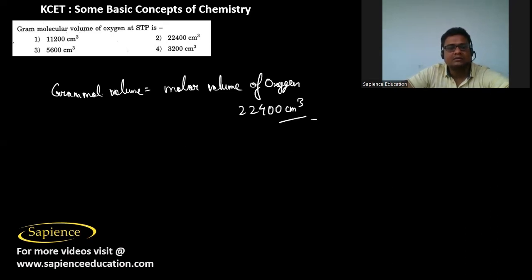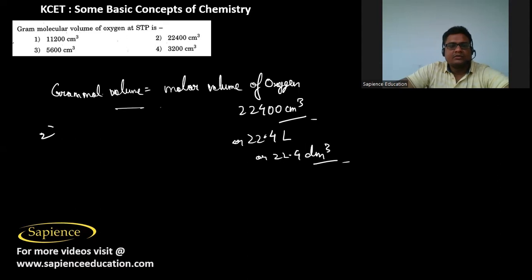So therefore, the gram molecular volume of oxygen is also 22,400 centimeter cube, or I can say 22.4 liters or 22.4 decimeter cube. So it means option 2 is the correct answer.